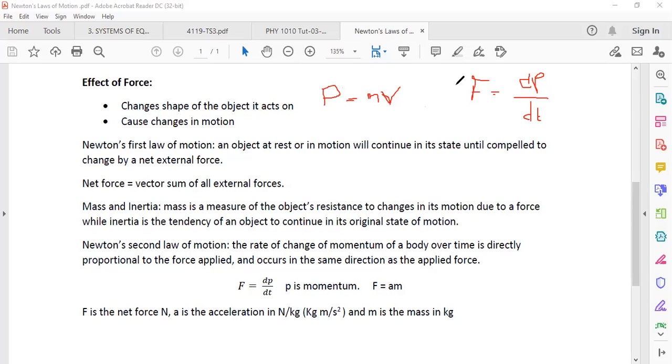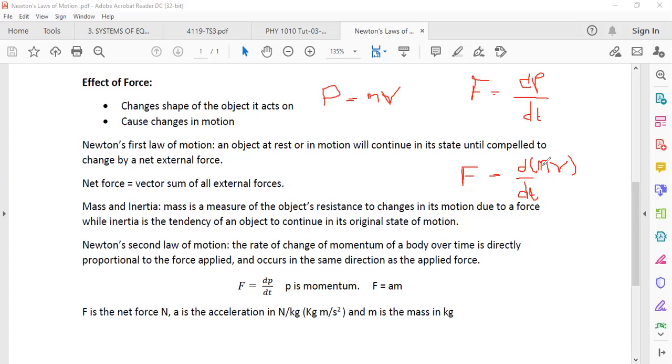Mass times velocity. So if we were to replace this there, we would have force equals the change in momentum, which is mv, with respect to time. M is the mass and V is the velocity.